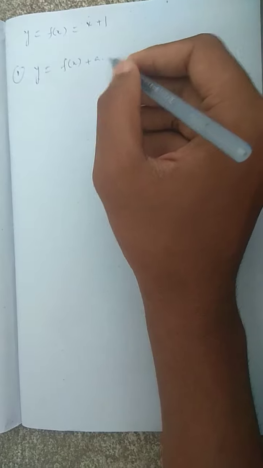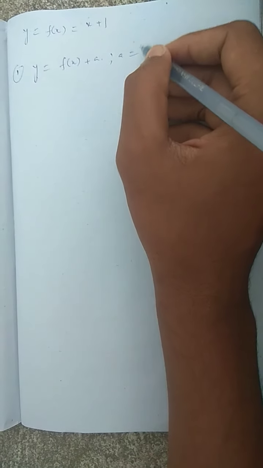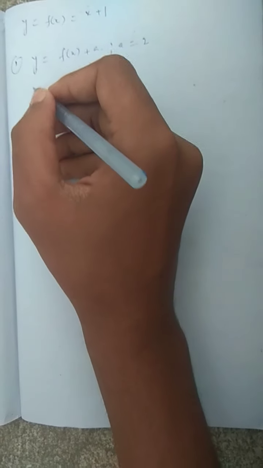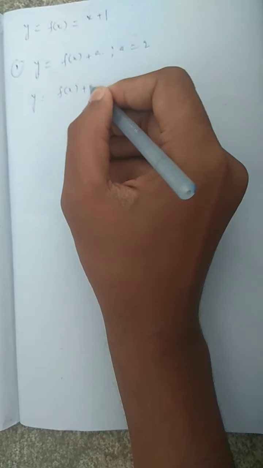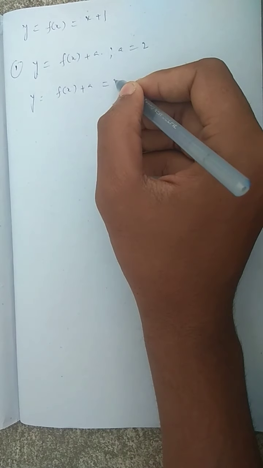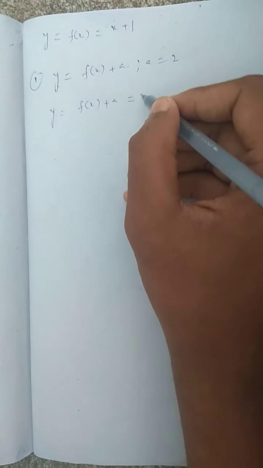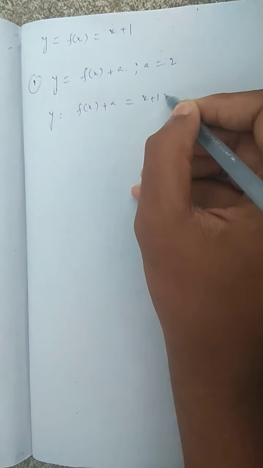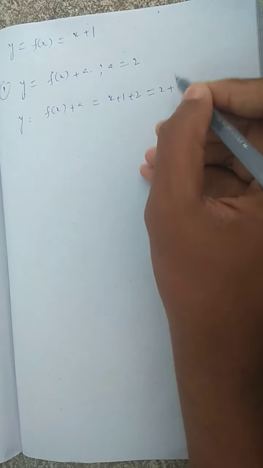Let us consider a equal to 2. Now let us draw the graph of y equal to f of x plus a, that is, x plus 1 plus 2. That is y equal to x plus 3.